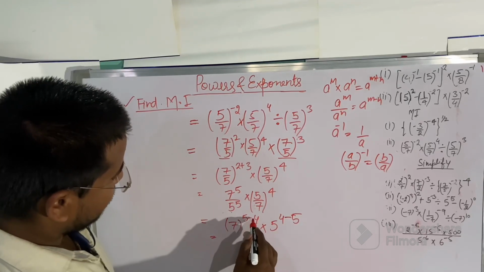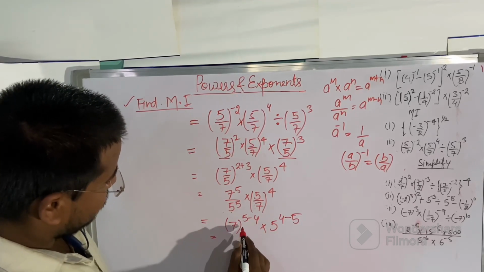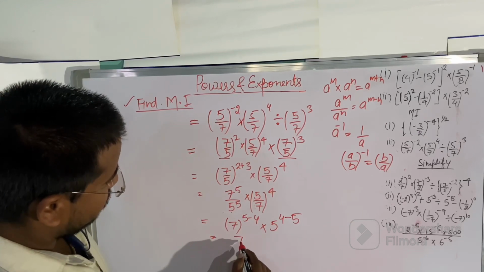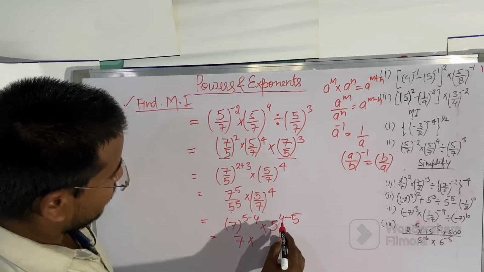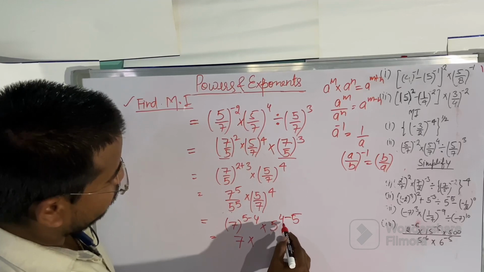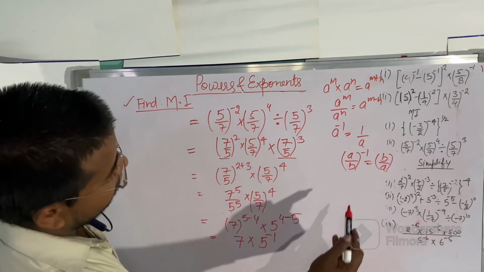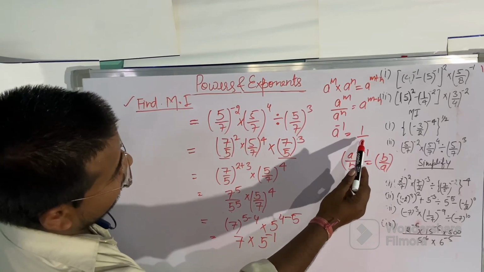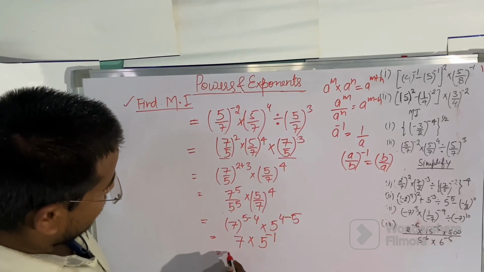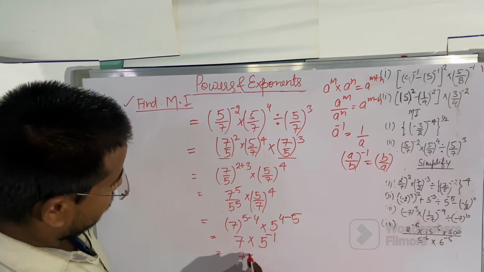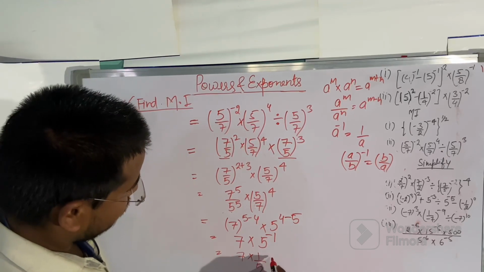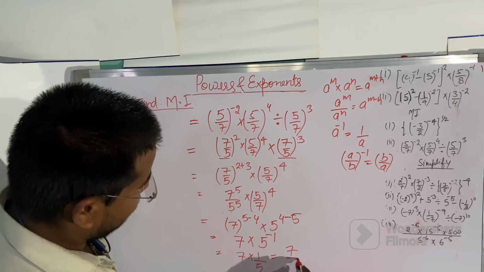Now 5 minus 4 is 1, that means 7 to the power 1, so it is 7, multiply 5 to the power minus 1, because 4 minus 5 is minus 1. And if any number's power is minus 1, I write 1 by that number. So 7 multiply 1 by 5.